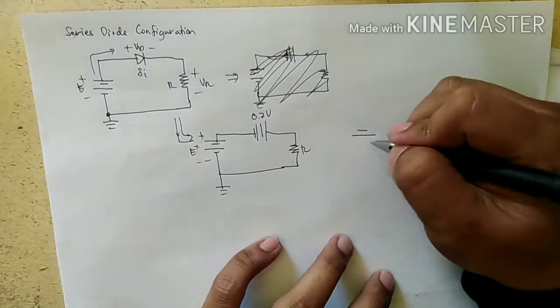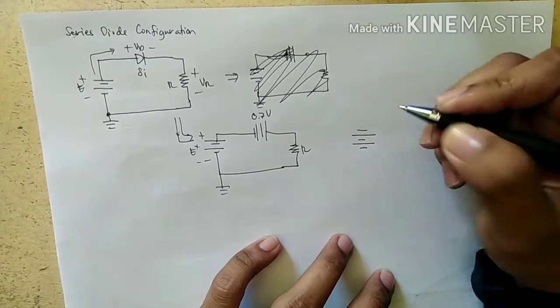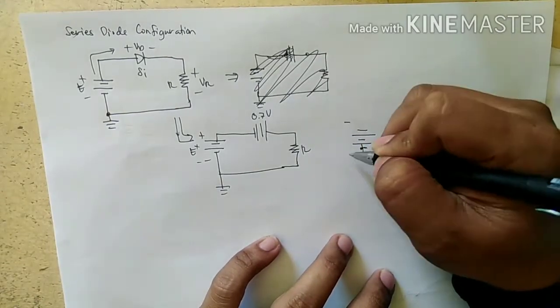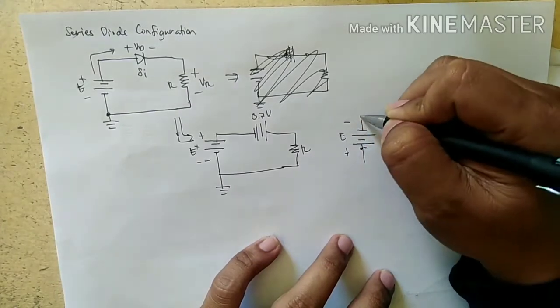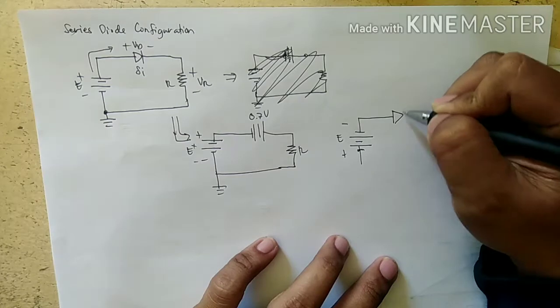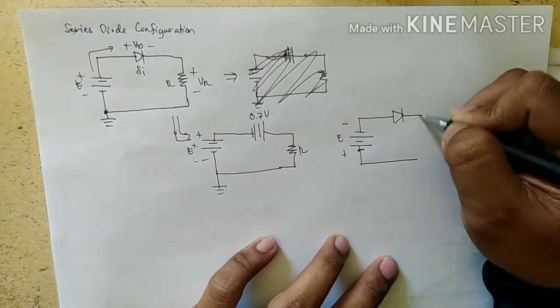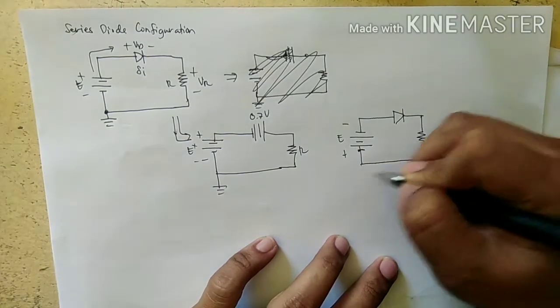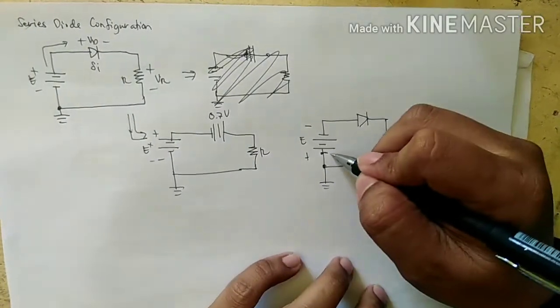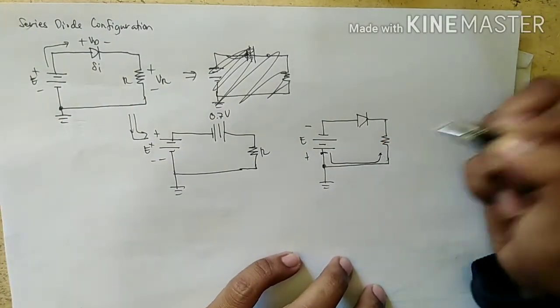We reverse the polarity. This is minus, this is plus, like that. If we reverse the polarity, the current will flow in this direction.